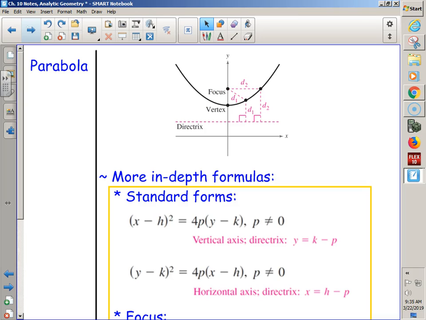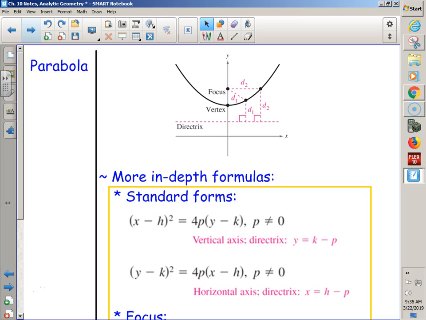A parabola is a collection of points whose distances are equal, or we could say a collection of points equidistant from a focus and a directrix.